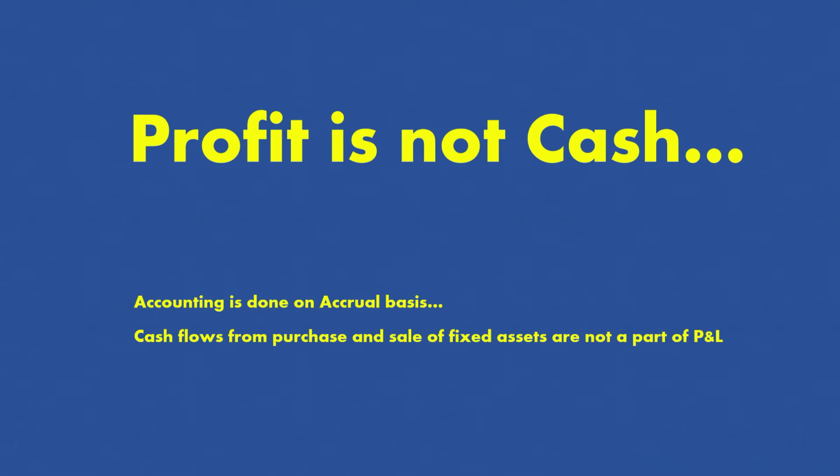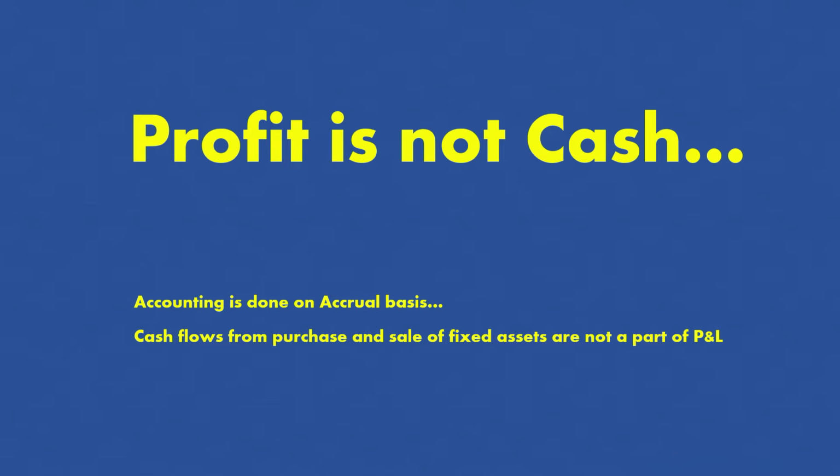The second reason is cash flows from the purchase and sale of fixed assets are not a part of P&L. What that means is, if we are purchasing machinery, we definitely have to pay the cash for that, but this whole transaction will not go to the profit and loss statement because machinery is not an expense.